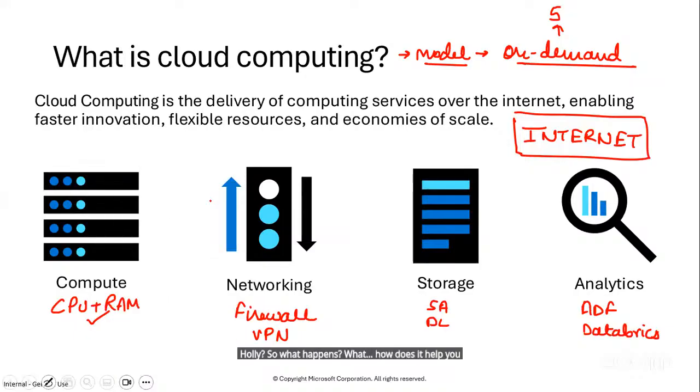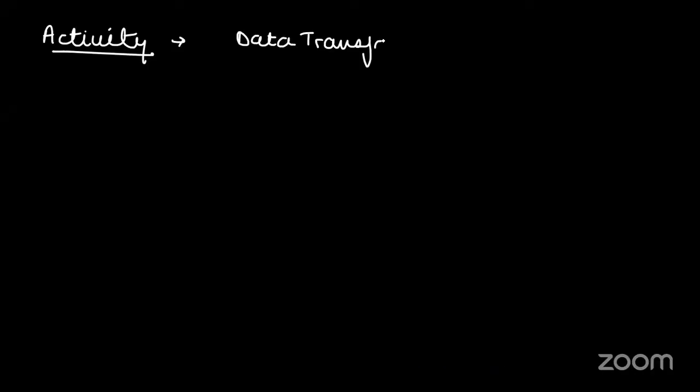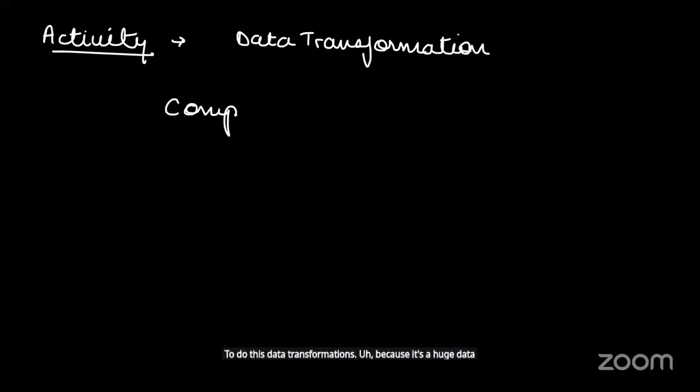Let's see. If you have a requirement, let's say you wanted to perform a particular activity. Let's say this activity is data processing, or you want to do some ETL task and you want to do data transformation, let's say. Now, to do this data transformation, because it's a huge data, you need compute.